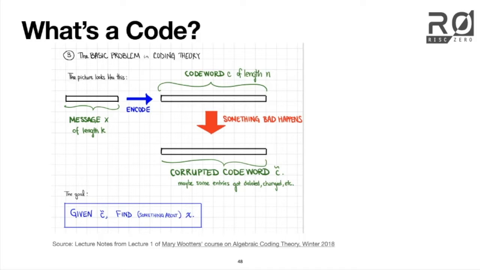But then before Bob actually receives the message, maybe there's some sort of signal noise that distorts some of the data. Maybe some entries get deleted. But so Bob's looking at this code word, or this thing that was received from Alice, and is wondering, what was Alice trying to say? That is the basic problem of coding theory.